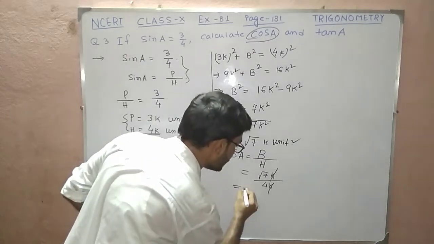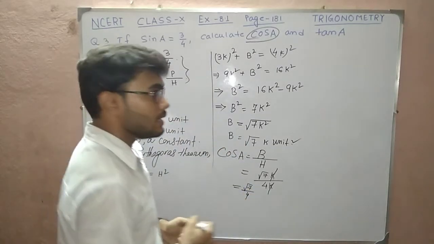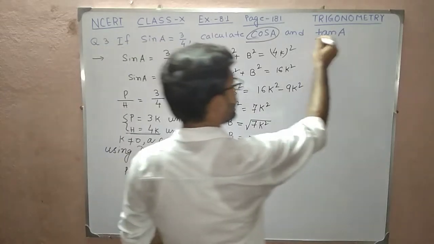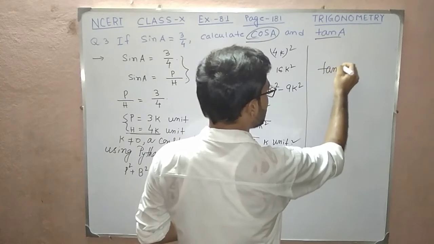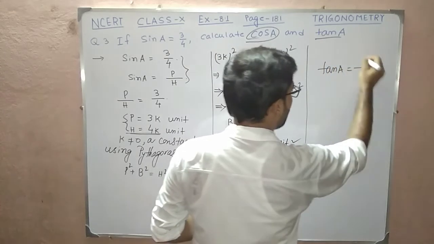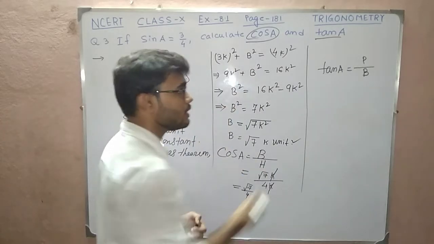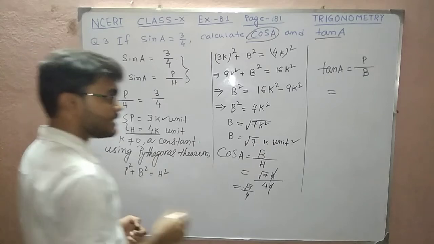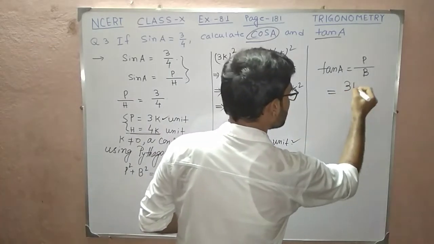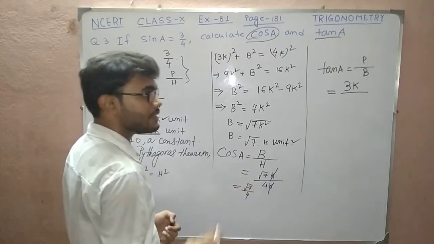Now we are going to find the value of tan A. So tan A equals, you know, perpendicular by base, p by b. You know the value of perpendicular, that was 3k, so we are putting 3k here, and you have just found the value of b, that means base, that is root 7 into k, that means root 7 k.